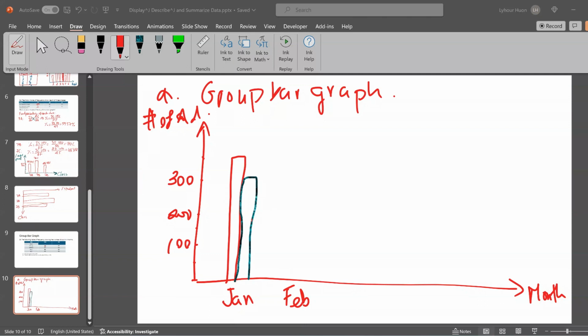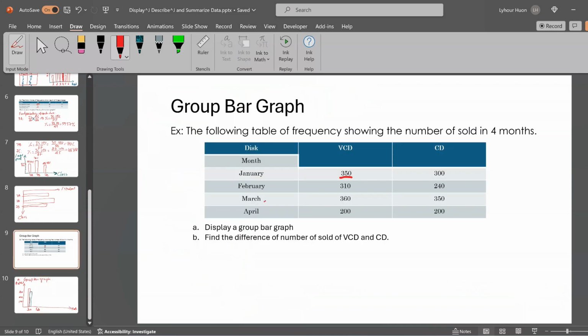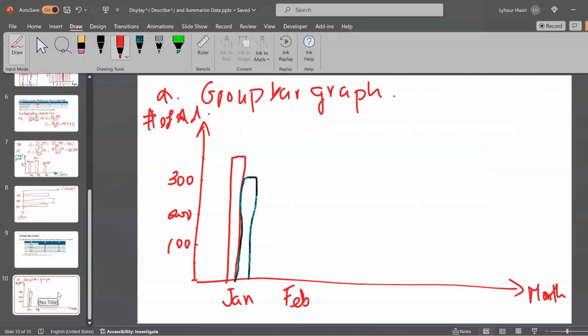Okay, so let's continue. Now we show the group bar graph for January. Now for February we have CD is 310 and 310, so 310. We already drew January.